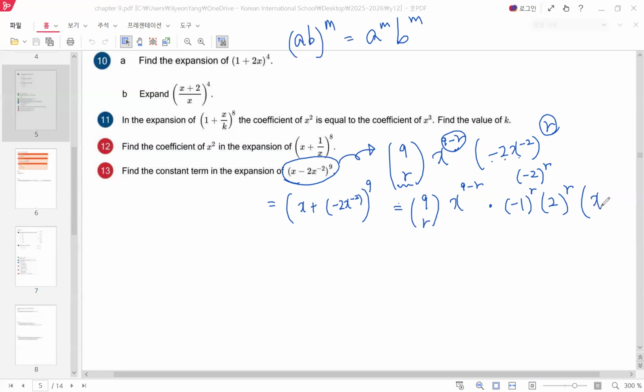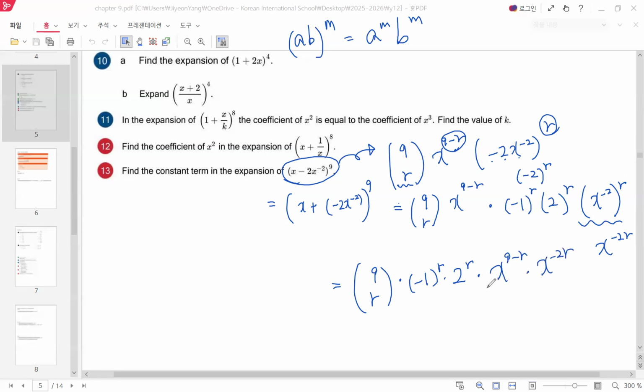And then x to the power of negative 2, to the power of r, which is x to the power of negative 2r. I'm going to write all the numbers to the front, negative 1 to the power of r, 2 to the power of r, and then the x terms behind, x to the power of 9 minus r, and then x to the power of negative 2r. You can write it together as x to the power of, what is the power here, students? 9 minus 3r. Thank you so much. And since this is constant, to leave only a number, what should be the index here, guys? Number.